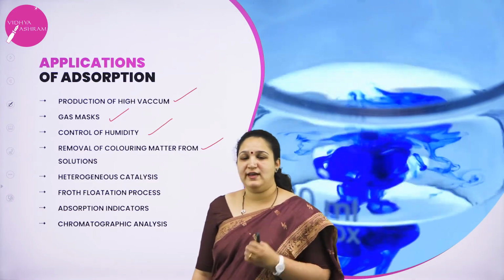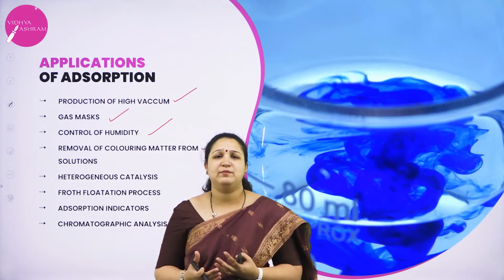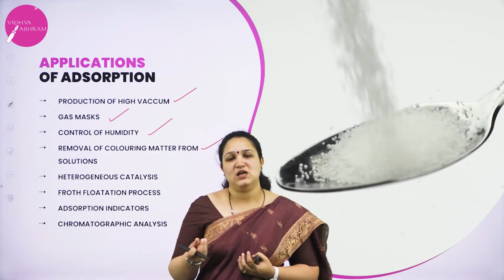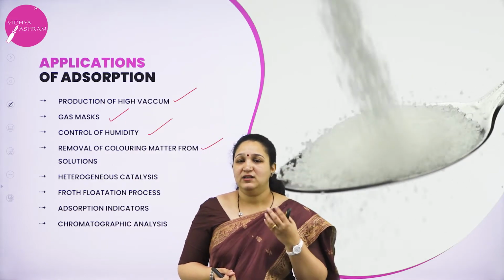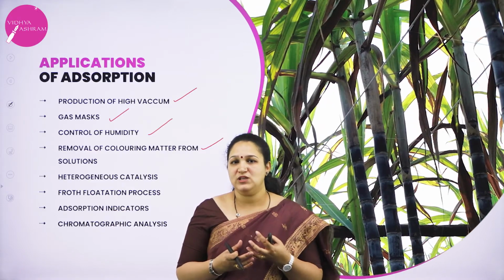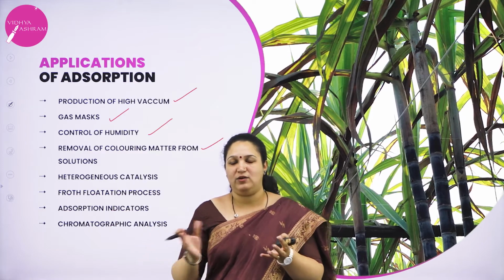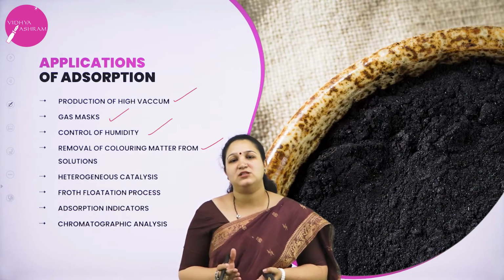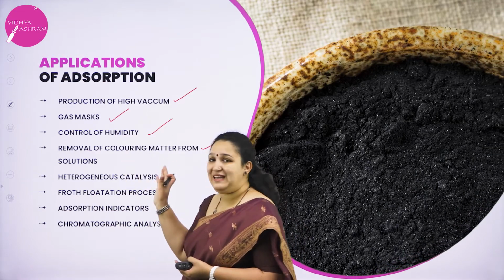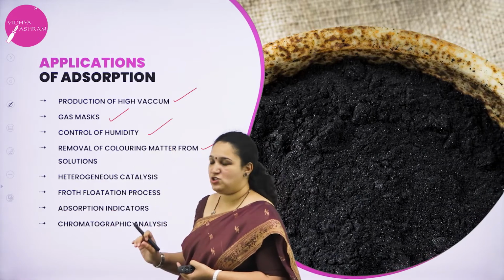Last class I had already explained with methylene blue. In the same way, for example, if you want to decolorize sugar, the sugar which we have is white in color, but the sugar which we get from sugar cane is a little brownish. For decolorization from brown to white, we actually use animal charcoal or activated charcoal. Okay, so for removal of any coloring matter, the principle behind it is adsorption.